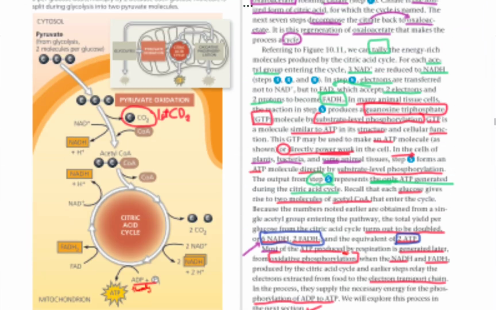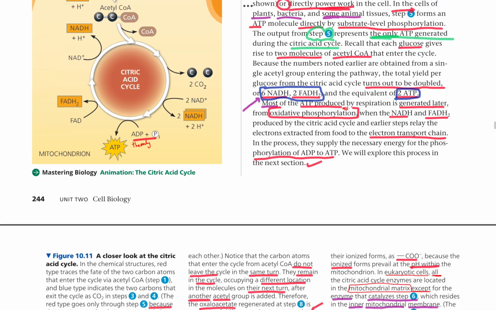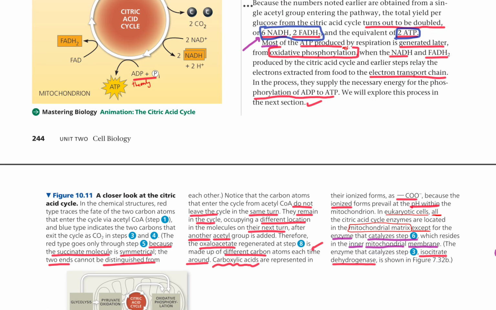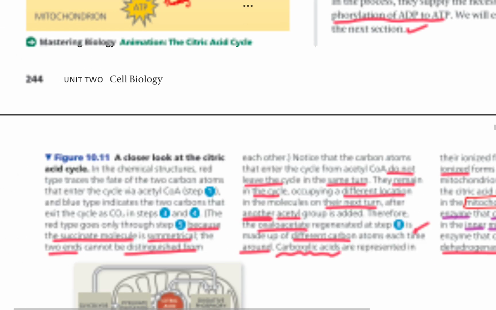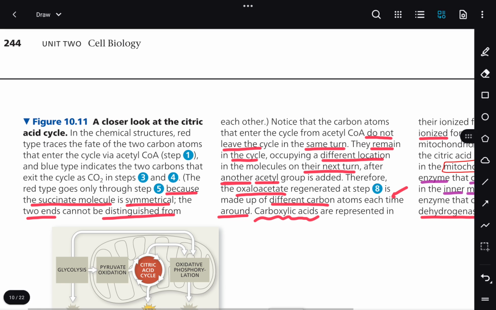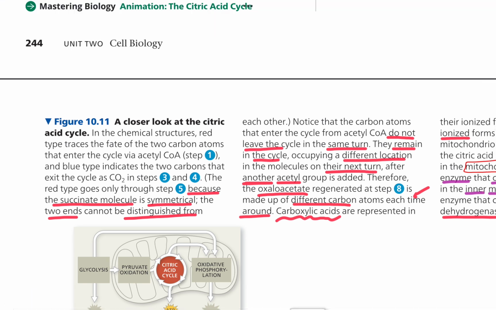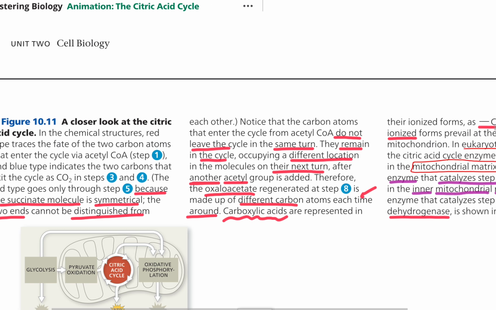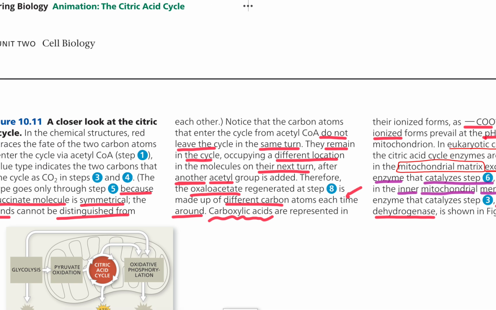That's the idea here. I think it's mentioned somewhere here that since we can't track these carbons because succinate as a molecule is symmetrical, we cannot say for a fact that these carbons became part of oxaloacetate or something else.